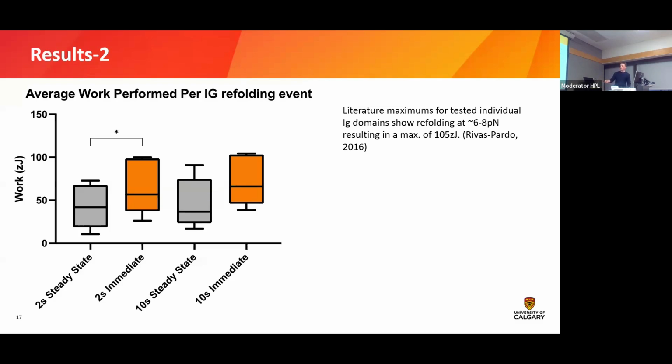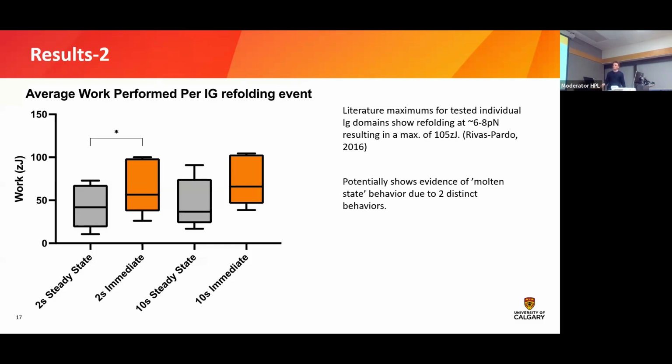What's interesting here as well is we saw differences in the work. This is the average work performed per immunoglobulin domain refolding event. We saw differences between the steady state and the intermediate and the immediate. This was significant for the 2 second and not for the 10 second, but you can still see the trend. This is paired data, which is why it doesn't look significant. Anyway, maybe we can think of this as potential evidence for the existence of a molten state.